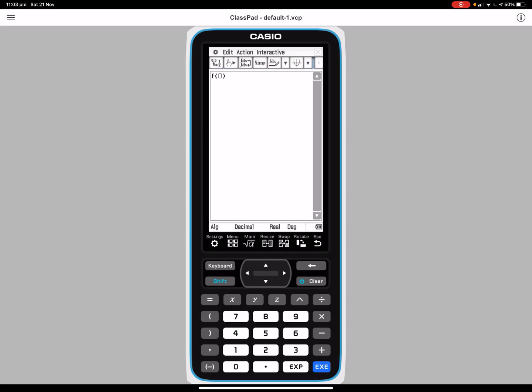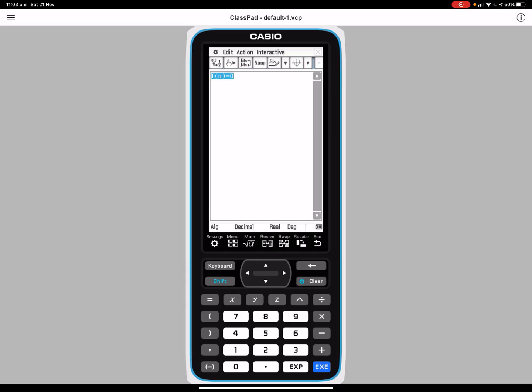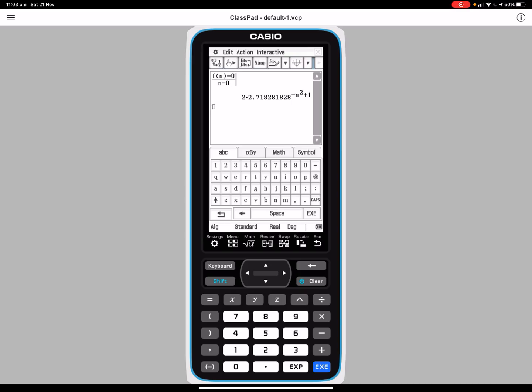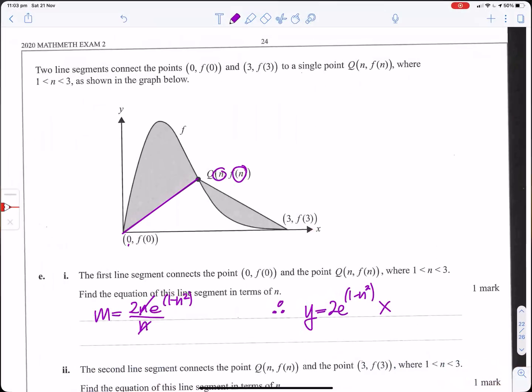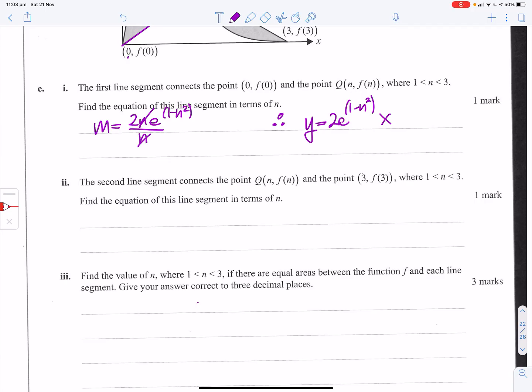F of n minus 0 divided by n minus 0 and 2e, then multiplied by x, because we know that we've got no intercept, but that's the gradient, so it's the gradient times x plus c. The second line corresponds to n, f of n and the point 3, f of 3.